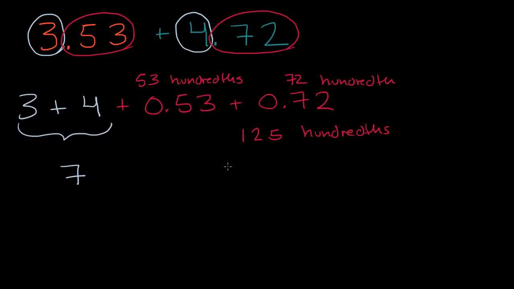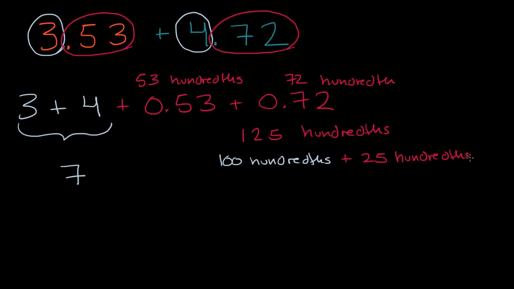So how do we write 125 hundredths as a decimal or as just a number? Well, there's a couple of ways to think about it. You could view this as 100 hundredths plus 25 hundredths. And the reason why I picked 100 hundredths is because 100 hundredths make a whole.